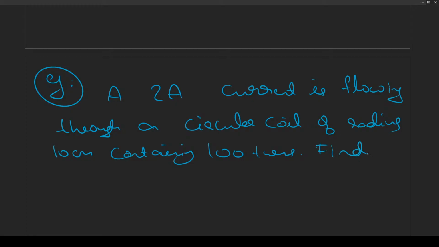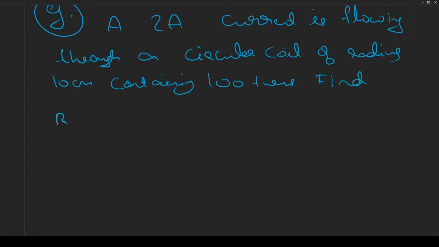Find magnetic flux density, that is magnetic field, at center of coil.